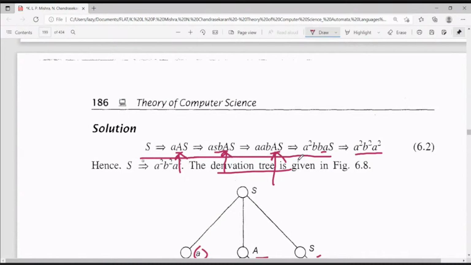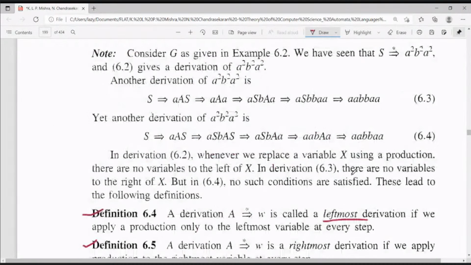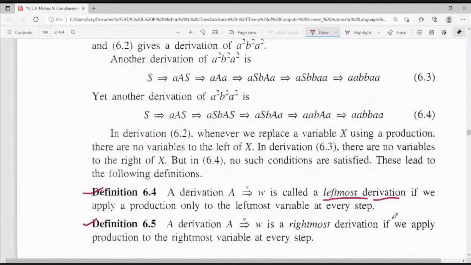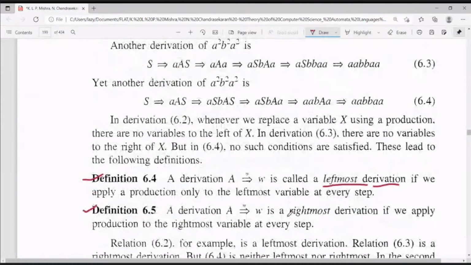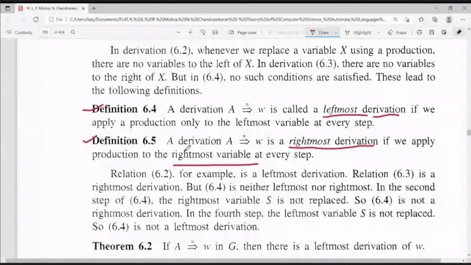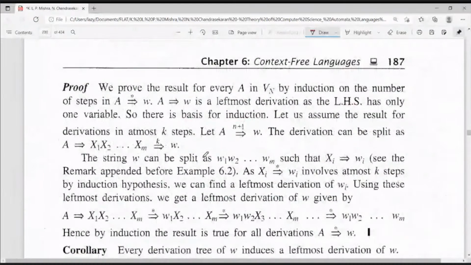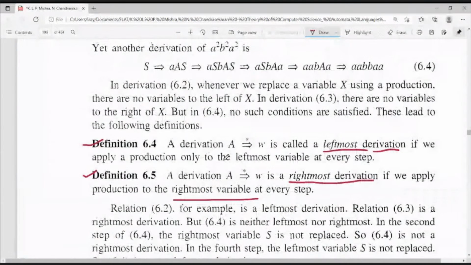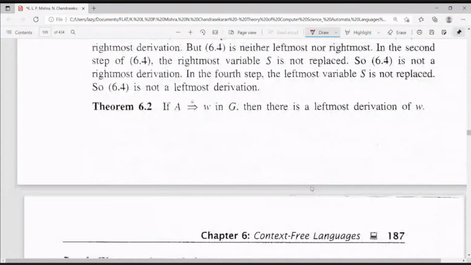At every step of the derivation, if you replace the rightmost variable, then it is a rightmost derivation. So we can derive a terminal string using either leftmost or rightmost derivation. You have to be consistent while you are replacing your variables with terminals.